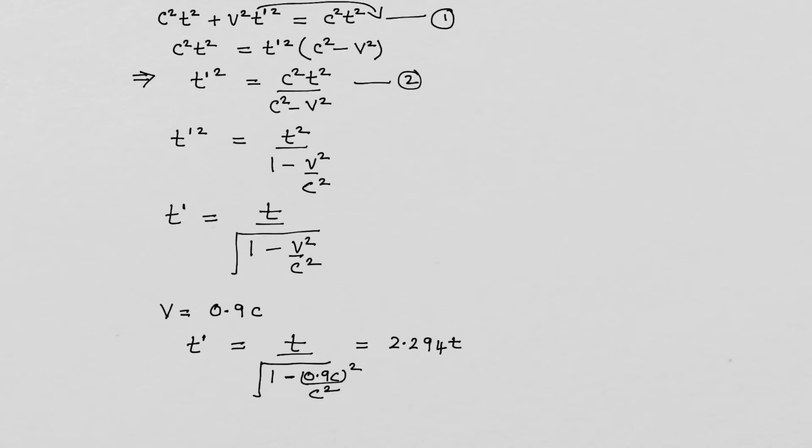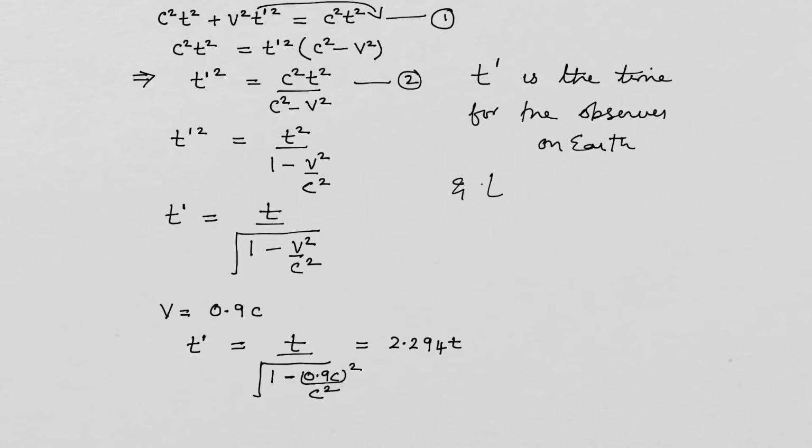Now to remind you, T dash is the time for the observer on Earth. And T is the time for the observer inside the spacecraft.